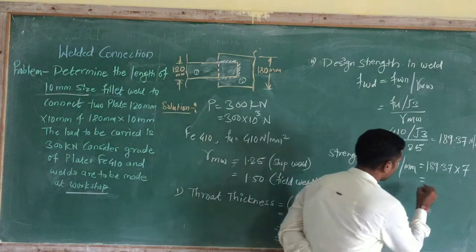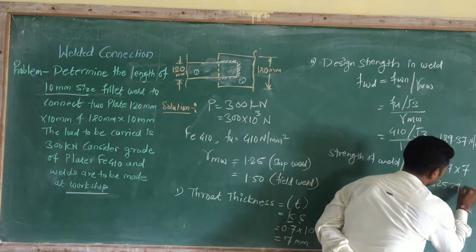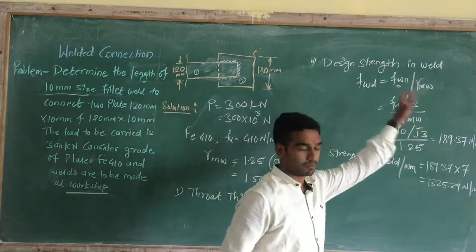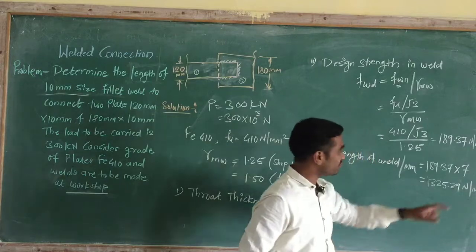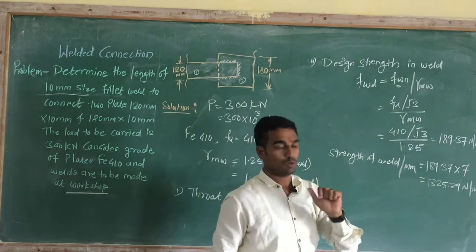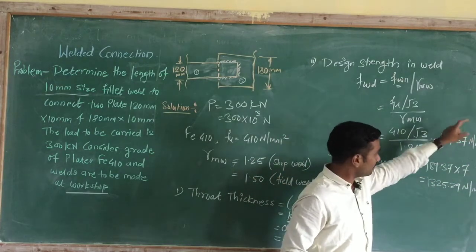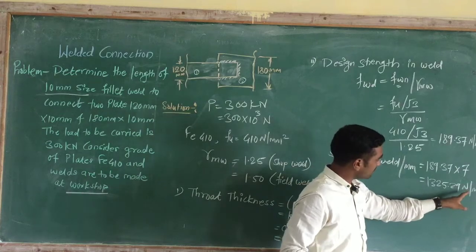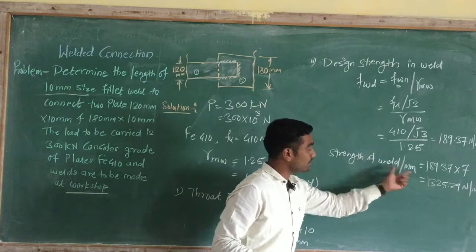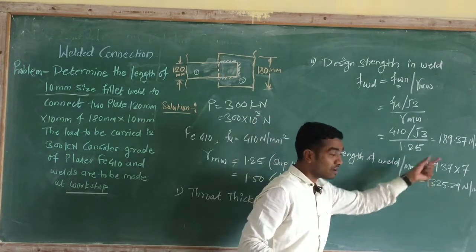It is 1325.29 Newton per mm. Why is it Newton per mm? Because we are multiplying by throat thickness, whose unit is mm. Newton per mm square into mm gets cancelled and the unit remains Newton per mm, because it's a strength per mm length, that is nothing but the load per mm.